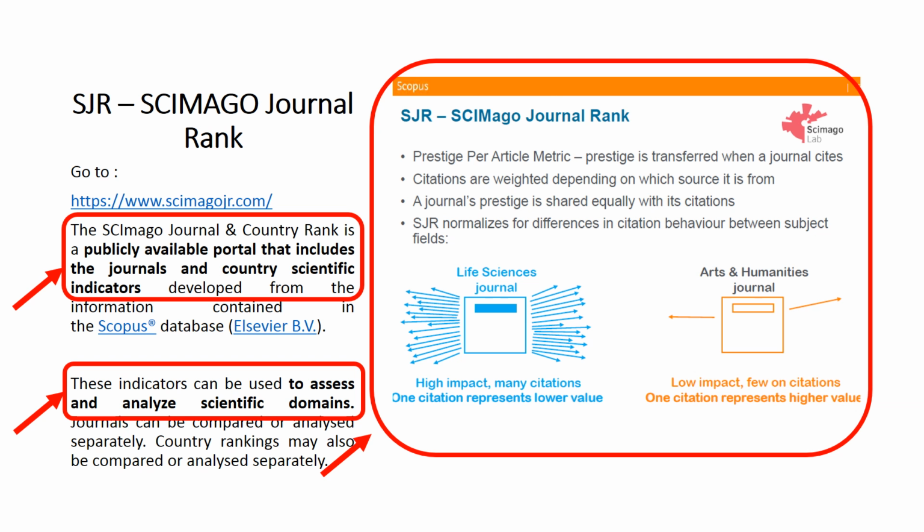The SJR indicator is a measure of the scientific influence of scholarly journals that accounts for both the number of citations received by a journal and the importance of the journals where such citations come from. SCImago Journal Rank is a publicly available portal that includes journal and country scientific indicators. These indicators can be used to assess and analyze scientific domains.